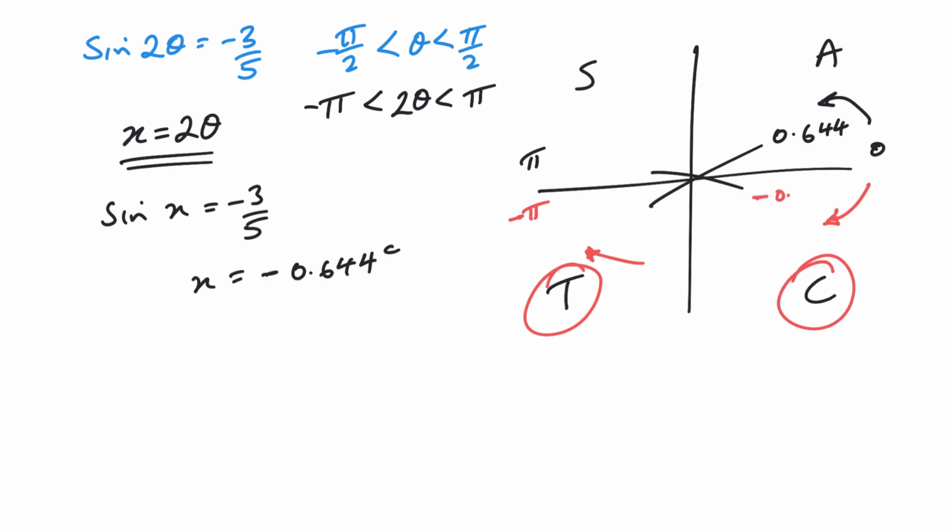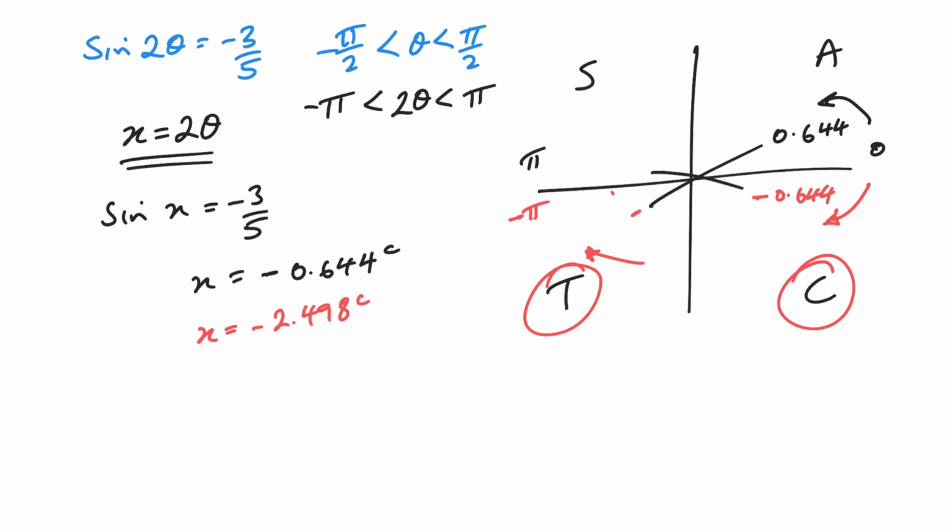So this one, the minus 0.644, we already have, and then I've got this one here, so this is going to be minus pi plus 0.644, and this second angle will be negative 2.498. And again, I'm going to store that in my calculator so that I have two full answers, so that when I do find theta, I can nice and easily.